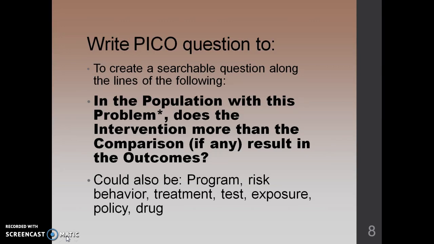So let me give you an example. If I was working as a public health nurse in a clinic, I might ask this question in an area where a lot of women were smoking. In women who are post-menopause, does a smoking cessation program, more than continuing to smoke, result in decreased bone loss?